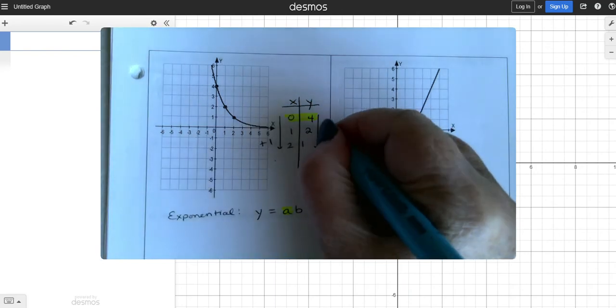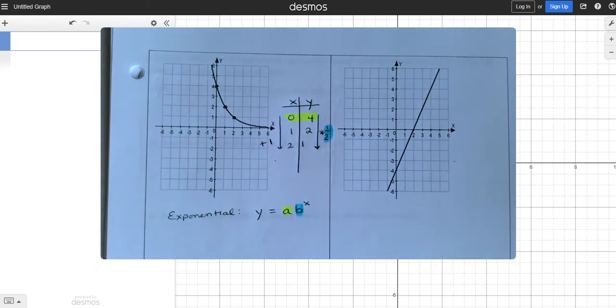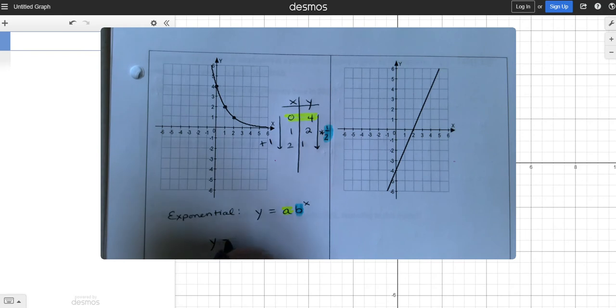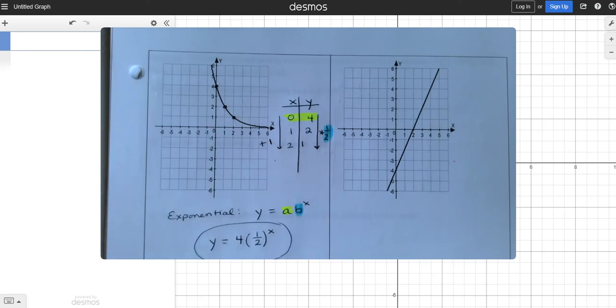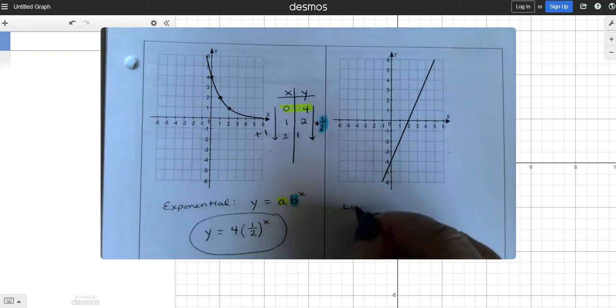So that common multiplier, that b value, is going to be the 1/2. And so I can say this is y equals A, which is 4, times b, which is 1/2, to the x power.